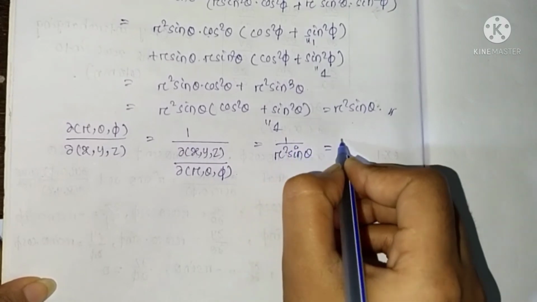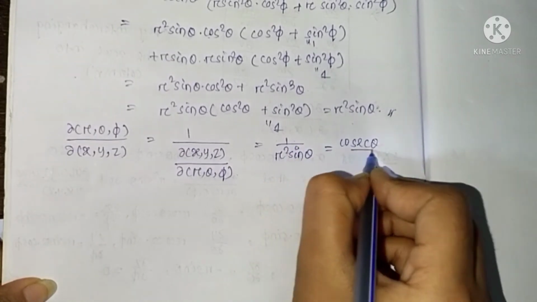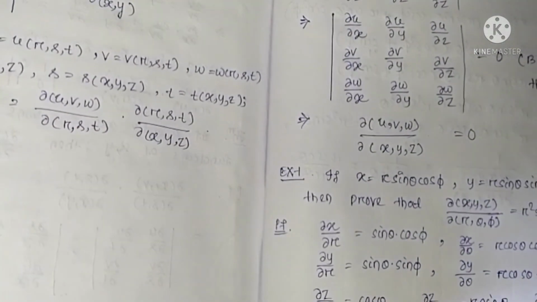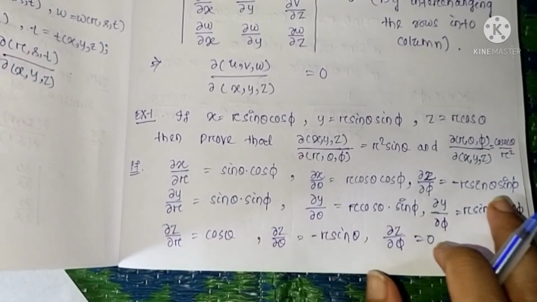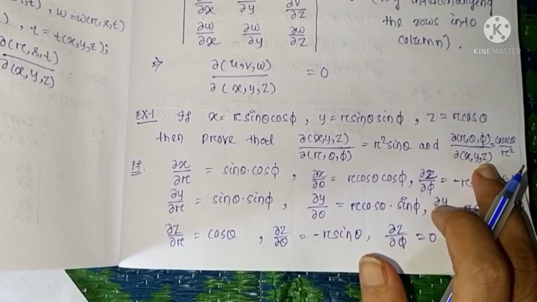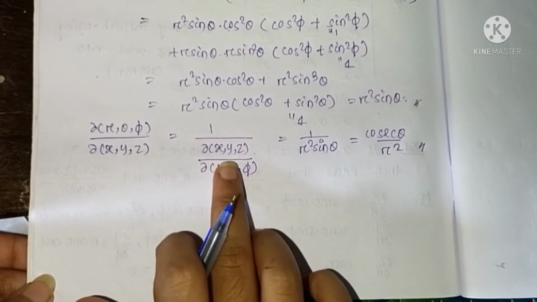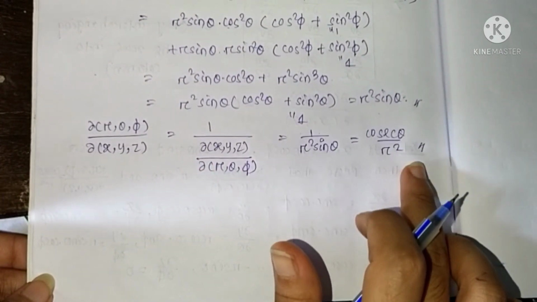This 1 by sin θ is cosec θ, so it is cosec θ by r². So we have shown that ∂(r,θ,φ)/∂(x,y,z) is equal to cosec θ by r².